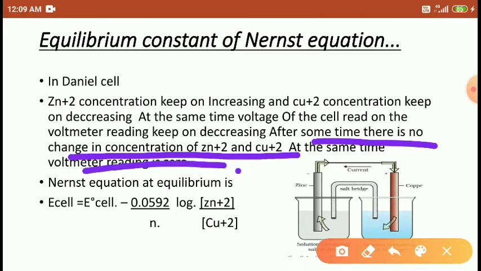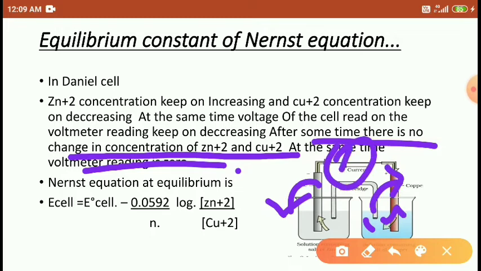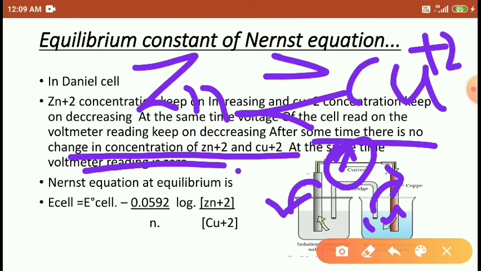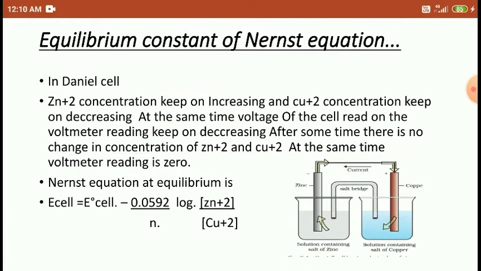When the zinc atom stops oxidizing, the copper ion stops reducing, and the voltmeter reading also stops, this condition is called the equilibrium condition. Equilibrium is attained between the zinc and copper ions.